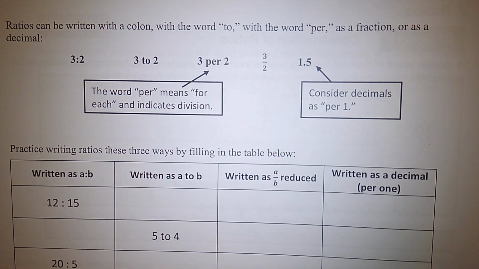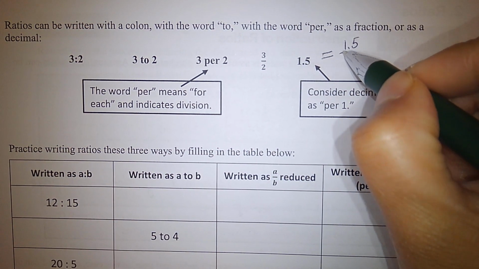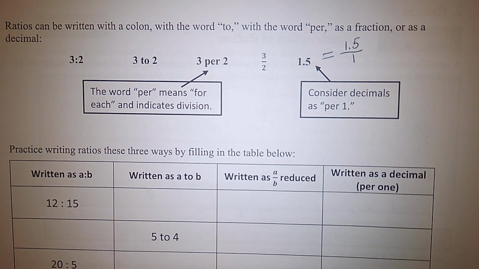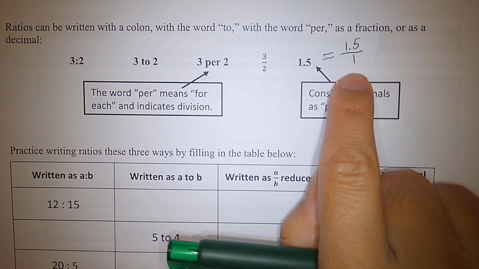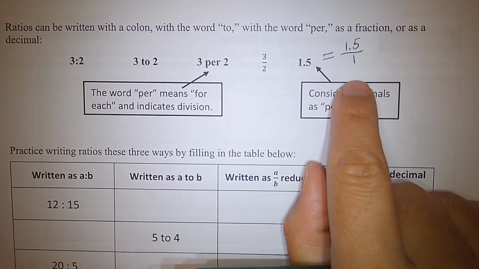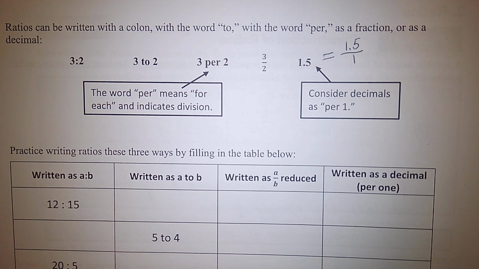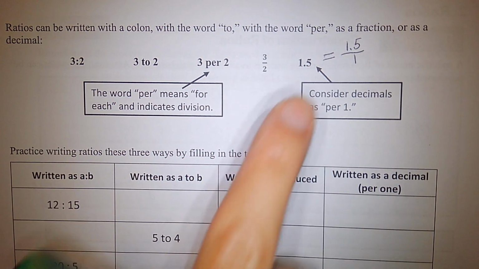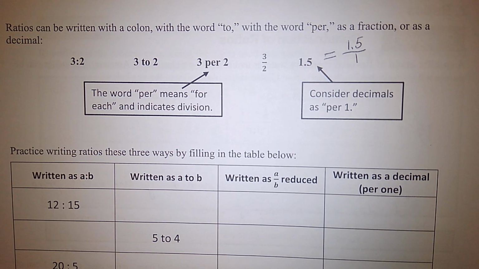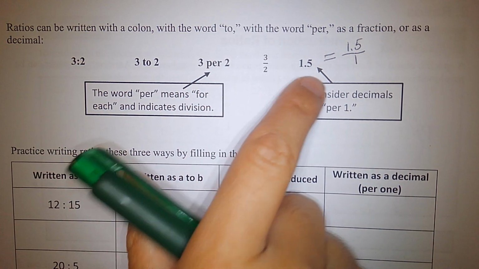And this 1.5 is the same thing as what? 1.5 per what? Per 1. So this is the decimal number 1.5, but 1.5 is the same thing as 1.5 compared with 1. So out of these five ways, they are all saying the same thing, ratio, and they compare quantities.